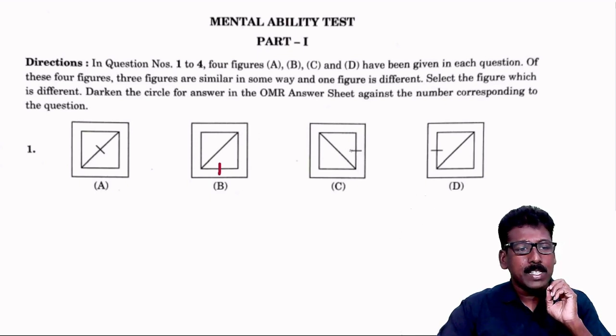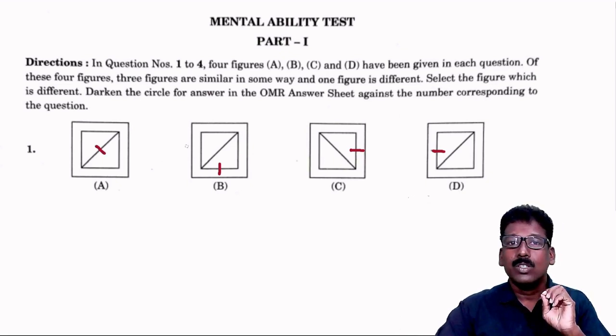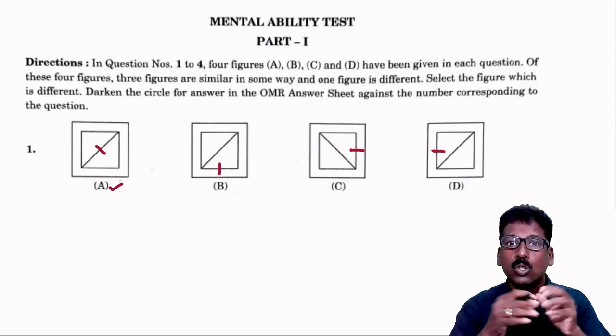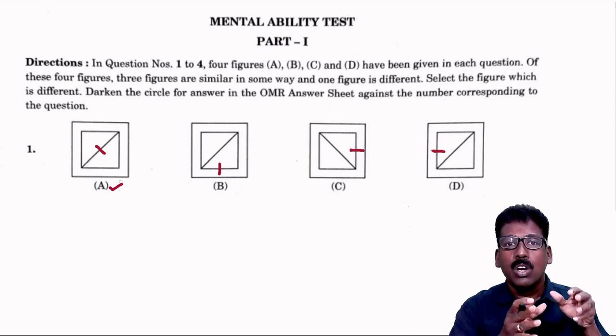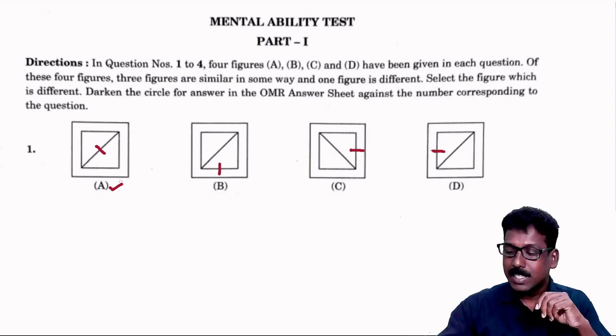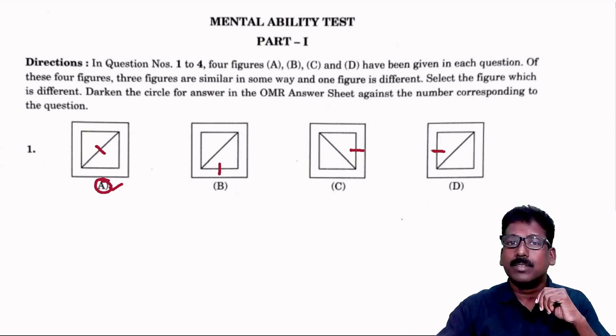You can see it on each side, but in the first figure the diagram is different, so the first one will be different from the other 3. This different figure you have to find out in part 1. So your answer is A, but you need not darken A here.